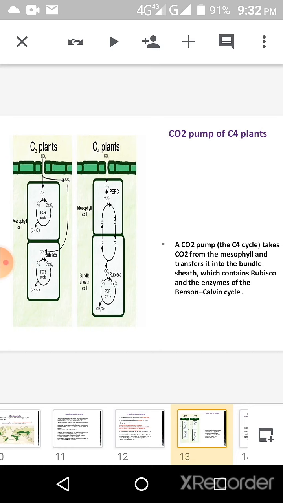So in the C4 plants, a carbon dioxide pump is operative. A CO2 pump takes carbon dioxide from the mesophyll and transfers it into the bundle sheath, which contains Rubisco and the enzymes of the Benson-Calvin cycle.